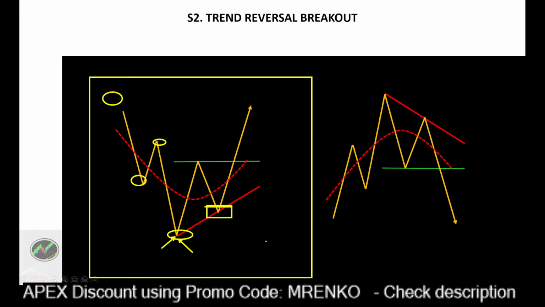But in this case, let's say that it comes back down from this point, and it doesn't make a higher high here. But the setup really consolidates when it goes above that point over there. So this is where I recognize that we have a potential trend reversal breakout.